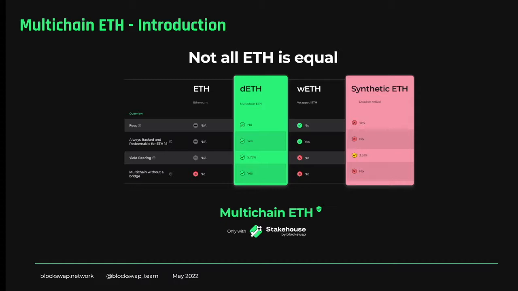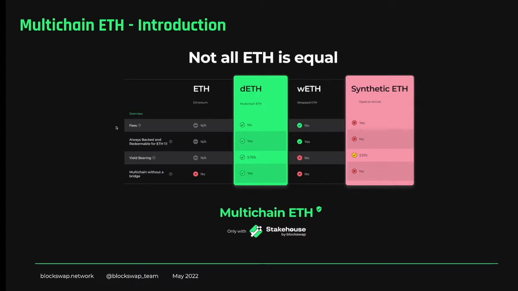We would isolate them and then burn them. And then you'll be able to remint those tokens to your desired chain of choice while maintaining that redemption path that I mentioned also. This process is completely permissionless. You're interacting directly with the smart contracts. There's no intermediary facilitating this transaction.